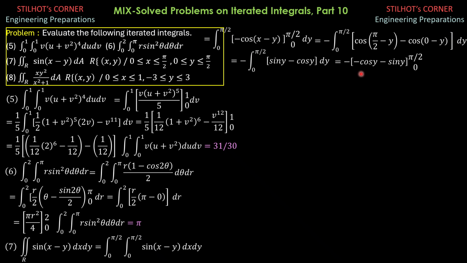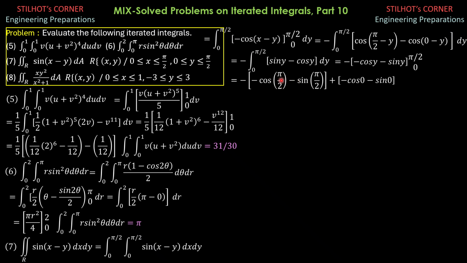So negative of negative cosine pi over 2 minus sine of pi over 2, then minus the lower limit, negative of negative, so positive, of negative cosine of 0 minus sine of 0.